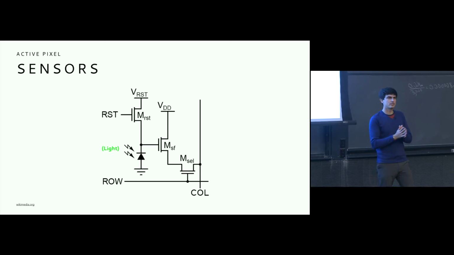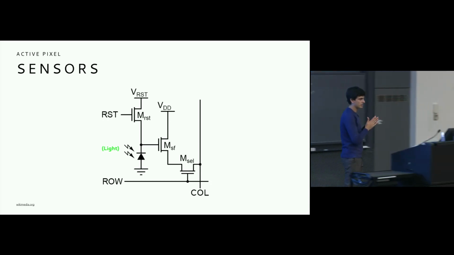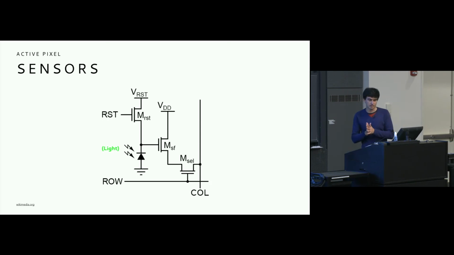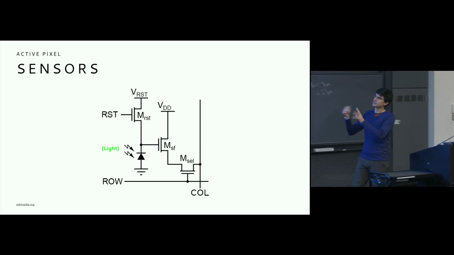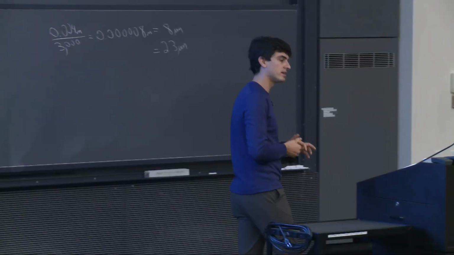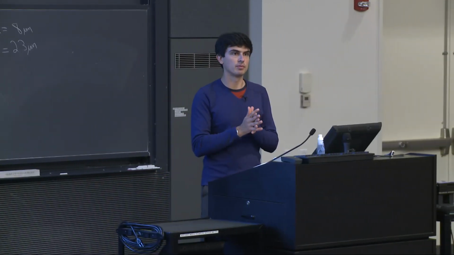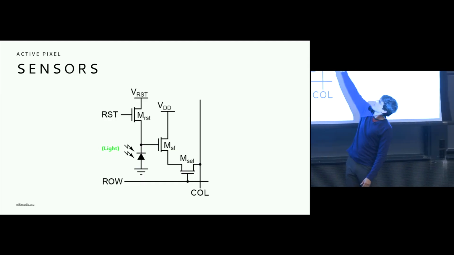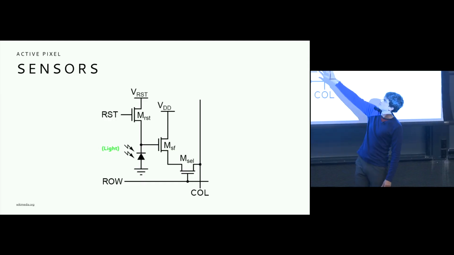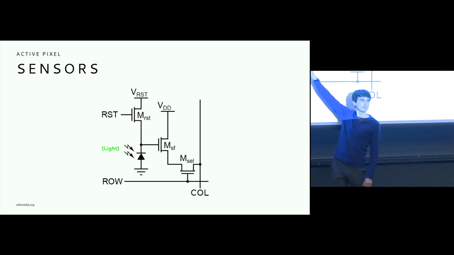So why am I showing this to you? Well, you don't have to worry necessarily about why we have these electrical components here, but just realize that we do have these components, that we have for a given pixel quite a lot of area devoted to stuff that is not collecting light.